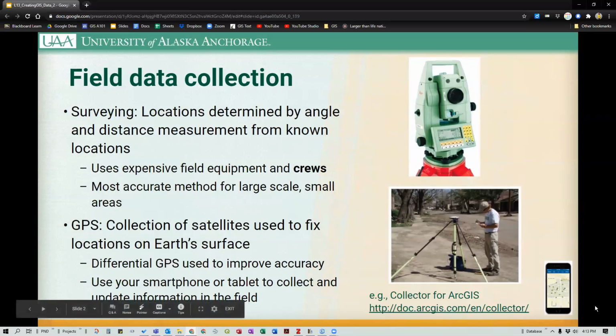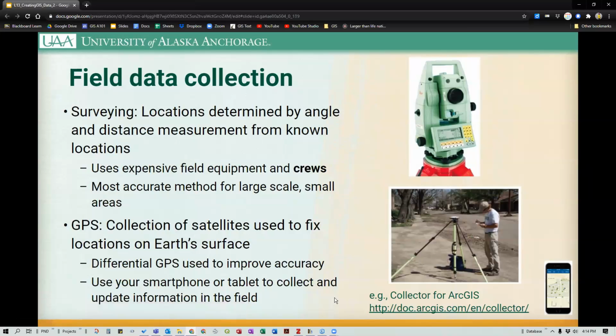And so then we talked a little bit about using Collector. You can use ArcGIS Collector or a similar app with an external GPS. So I sent somebody out a couple of weeks ago with this setup, and they had a little external Bluetooth GPS.